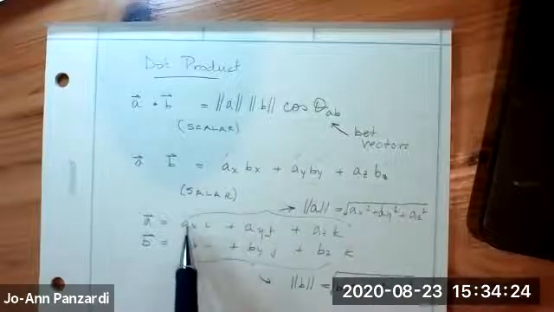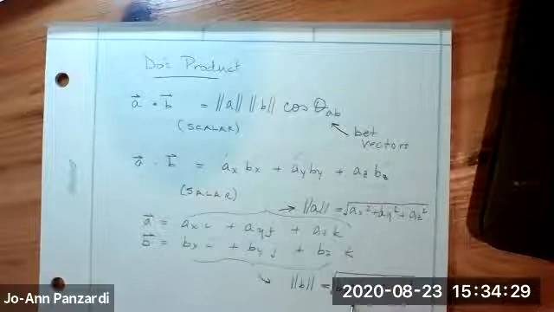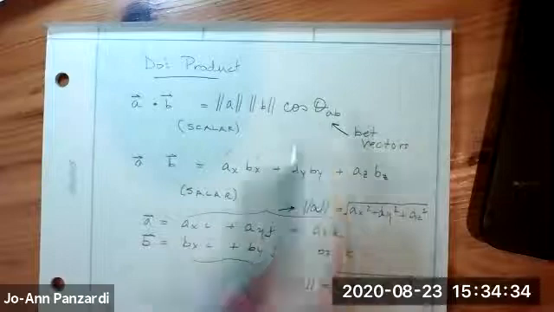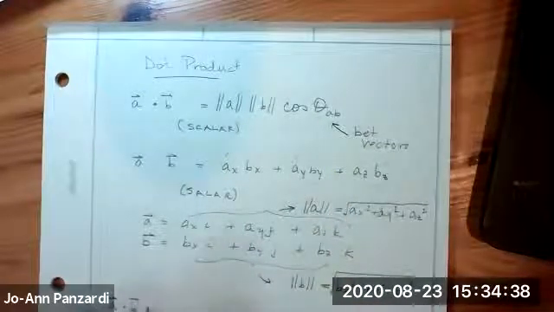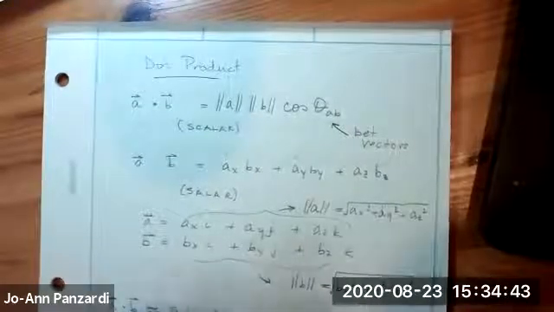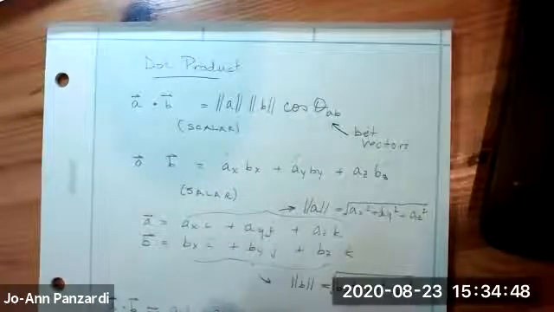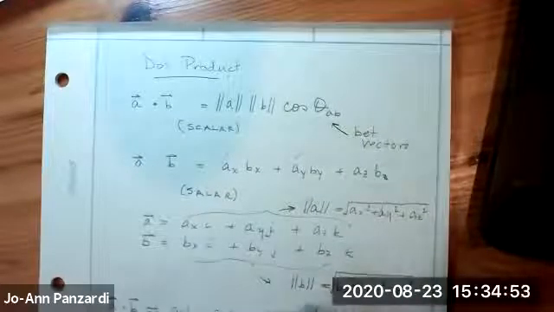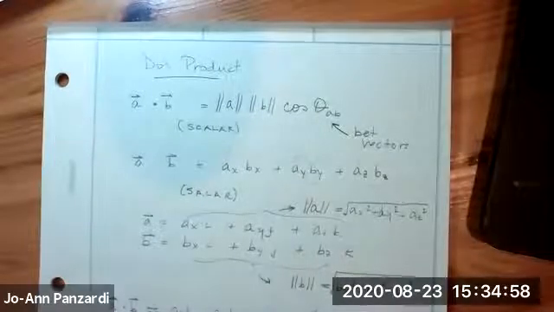So if we know the components of both vectors and we know the magnitude of both vectors, couldn't we solve for the angle between? Sure, because we know that A dotted with B is equal to AX BX plus AY BY plus AZ BZ, which equals the magnitude of A times the magnitude of B times the cosine of the angle between A and B. So I certainly can solve for that.